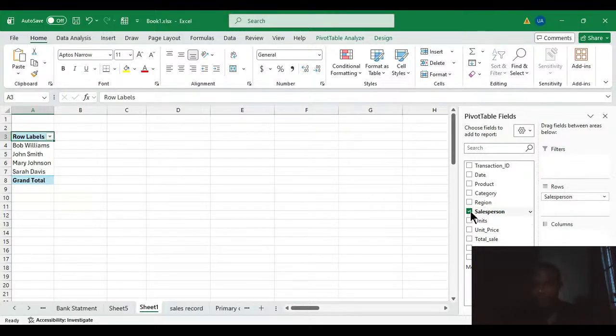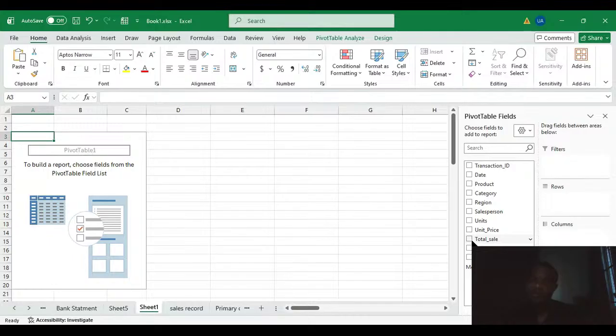Okay, so I'm just going to remove this to get back. Now you see we can determine who has the highest sales. Another thing we can also find out is what payment method is used the most. So after those sales that have been made, we want to know which of the payment methods is used the most.